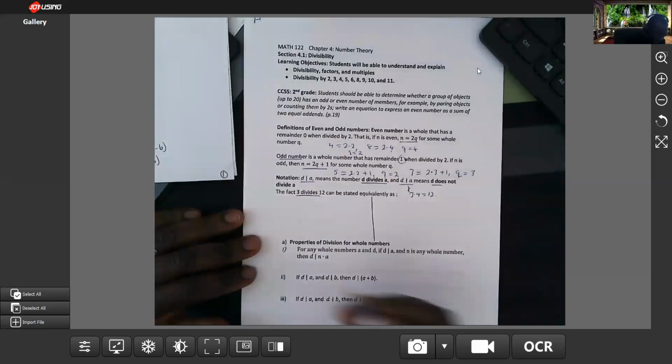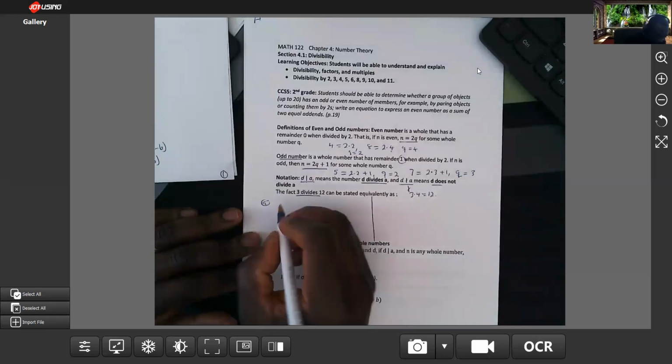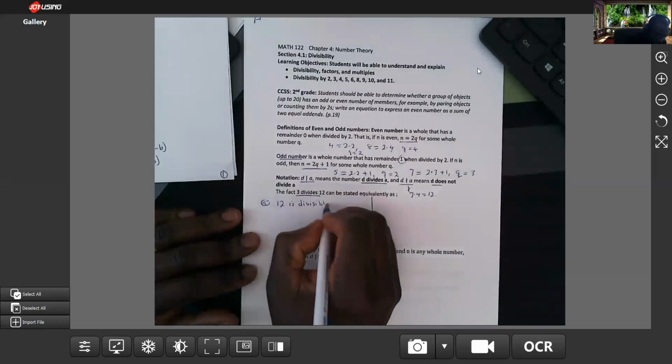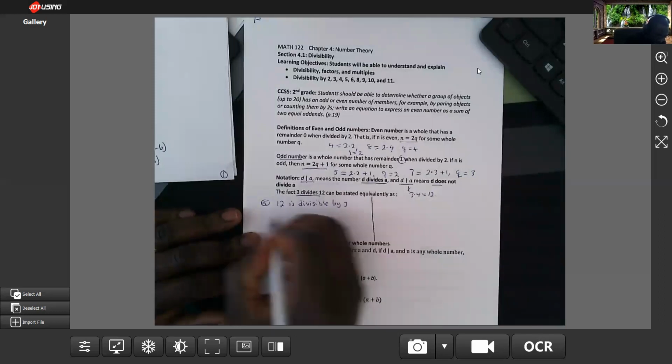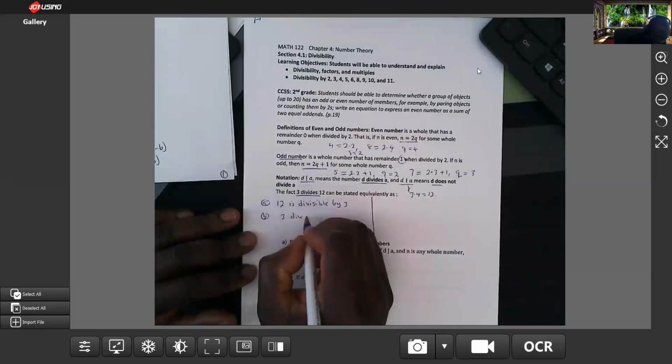The first one is that 12 is divisible by 3. Or we can say that 3 divides 12.